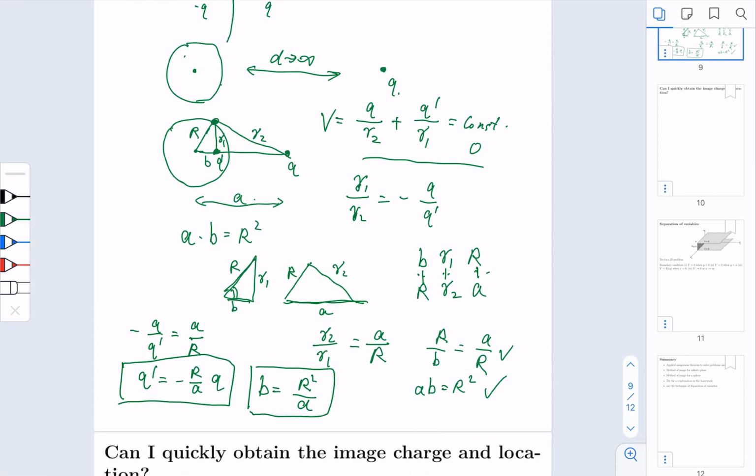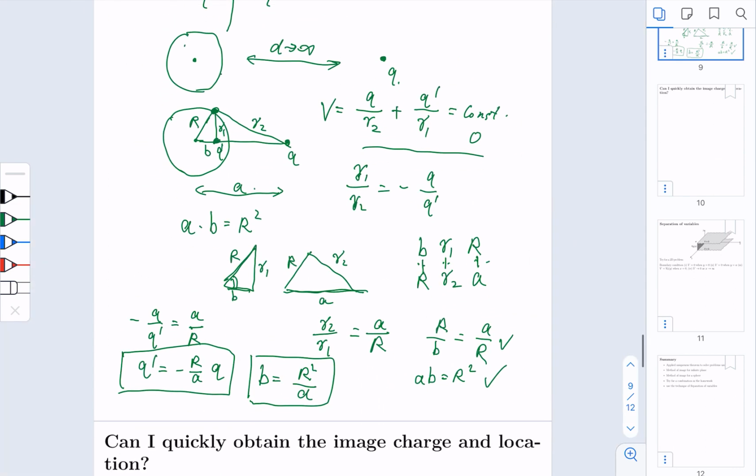So you can see that to derive that mathematically, you really need to spend quite a bit of time, and this is a problem that you might also see in the exam.